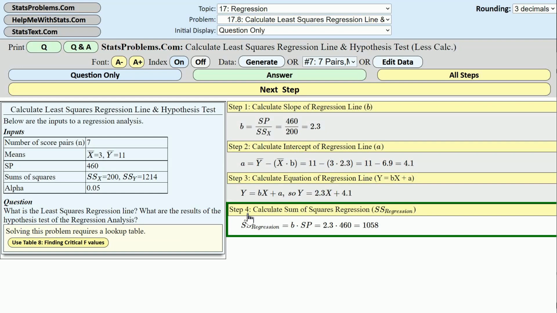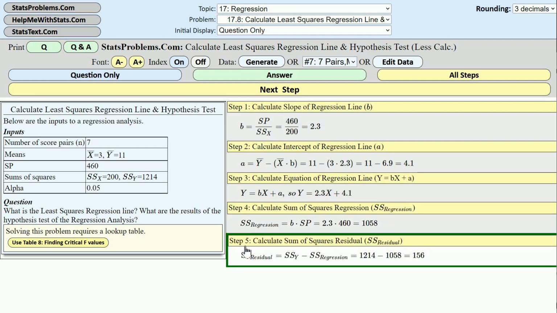In Step 4, we calculate the sum of squares regression, SS regression. The sum of squares regression equals the slope of the regression line, b, times the sum of products, SP. In this example, SS regression equals 2.3 times 460, which works out to 1058.